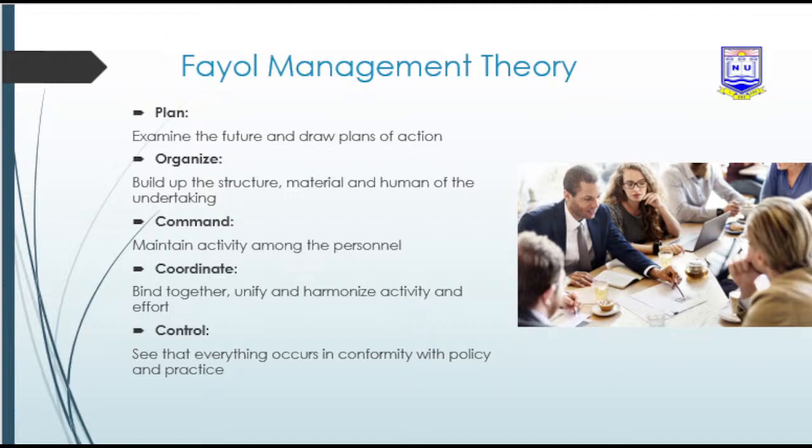They examine the future and draw plans for the actions. They need to look at what is coming in the future. What shall we need to manage? What shall we need to look at? So they need to lay out or draw a plan for all those activities that are foreseen.